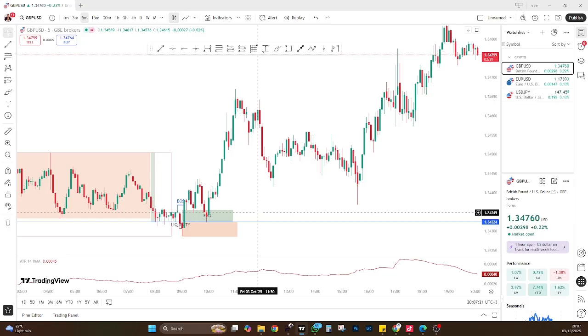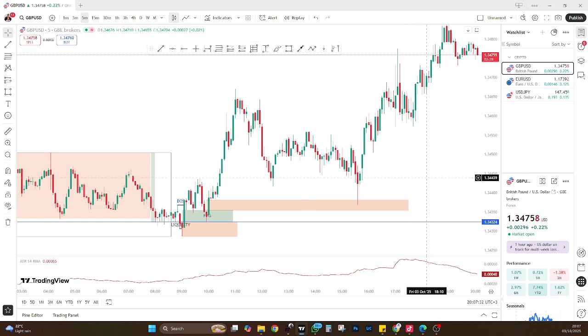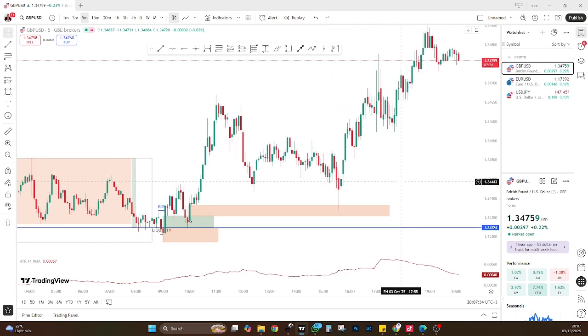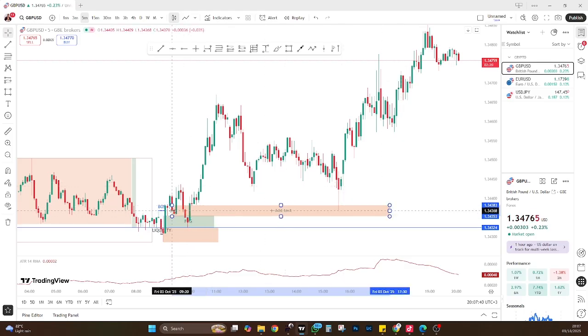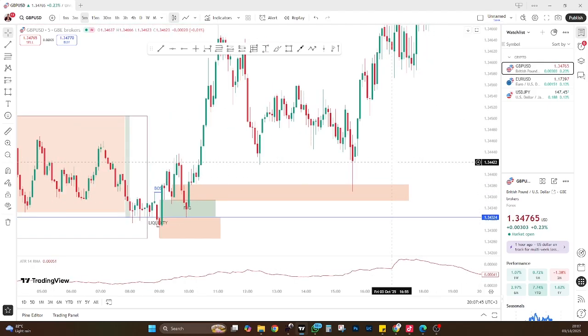Okay. If you look at this, there is an FVG there. Can you see that? But most importantly, there is a breaker block here. Do you remember yesterday we learned about breaker blocks?